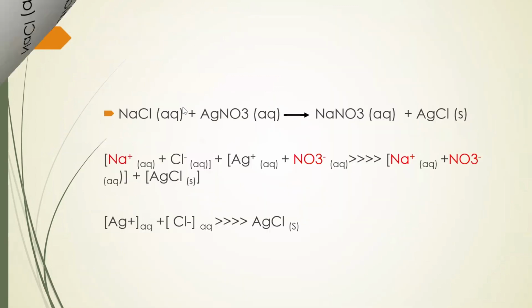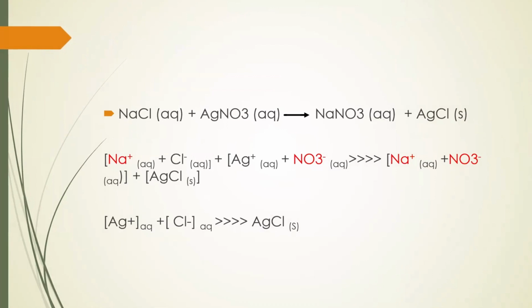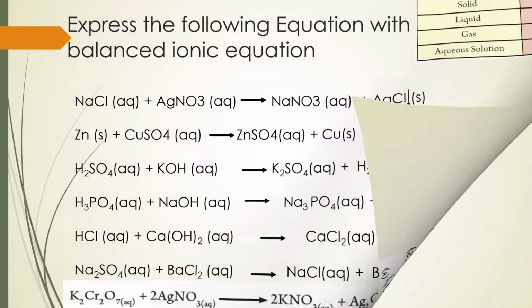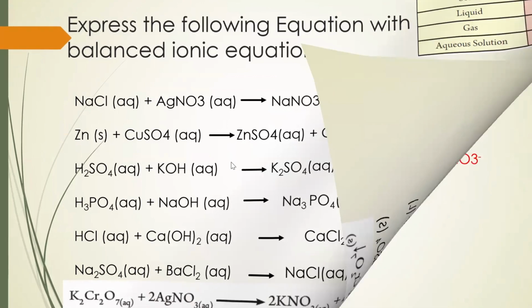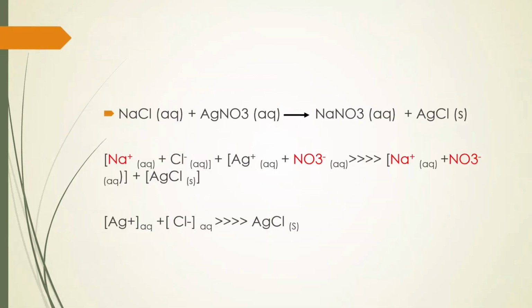So we need to express all these equations as ionic equations. I will do one more for you, and I hope you try the others and write down the final ionic equations for me in the comments down below.